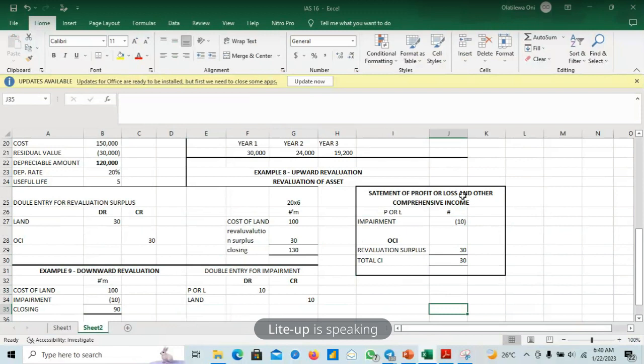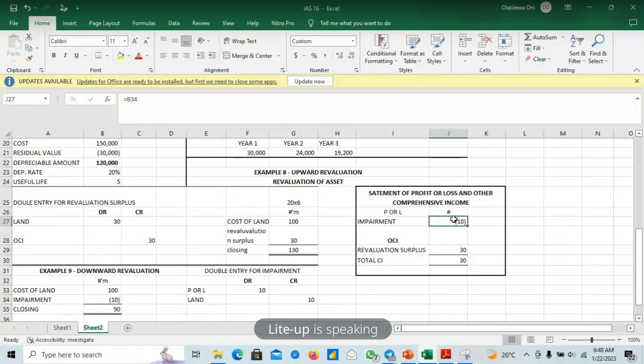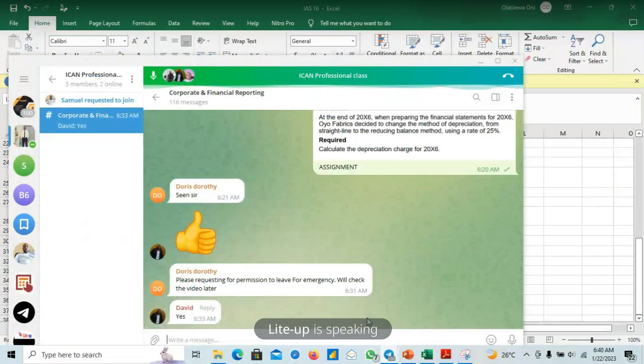So we have the statement here, showing how the two of them are posted to the financial statements. Impairment goes to profit or loss. Revaluation surplus goes to other comprehensive income.